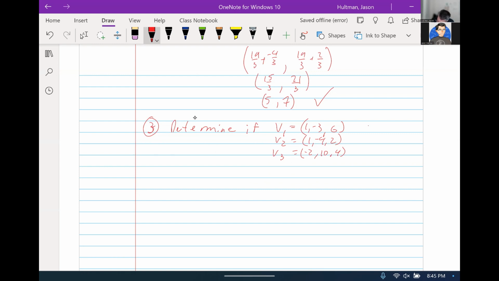Does this span R3? Well, what I can do is rewrite V as C1 times V1, which is (1, -3, 6), plus C2 times (1, -4, 2), plus C3 times (-2, 10, 4).